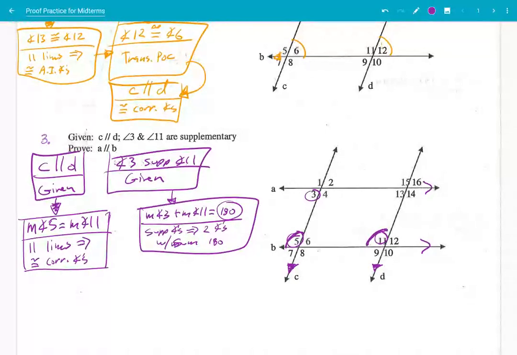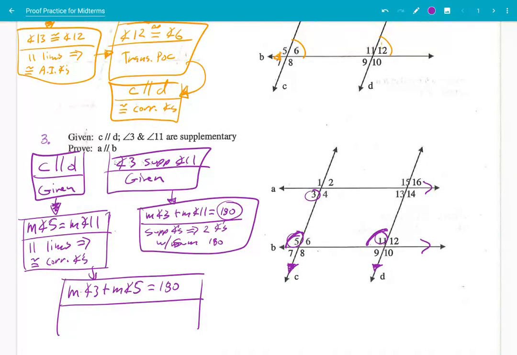Okay, so now we can swap out 11 and 5. So we'll say the measure of angle 3 plus the measure of angle 5 equals 180. And that's just substitution property of equality.